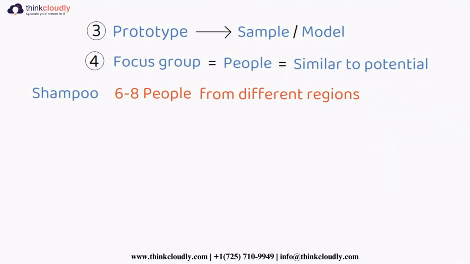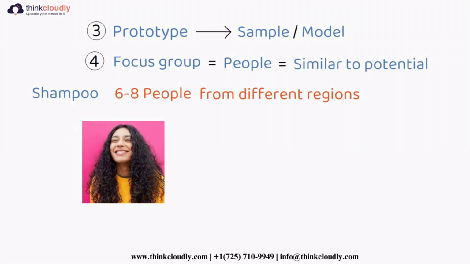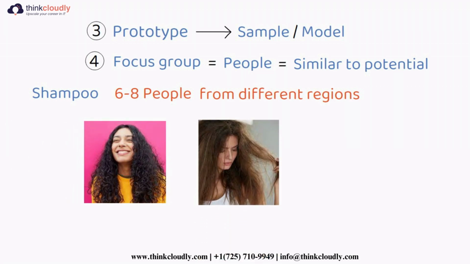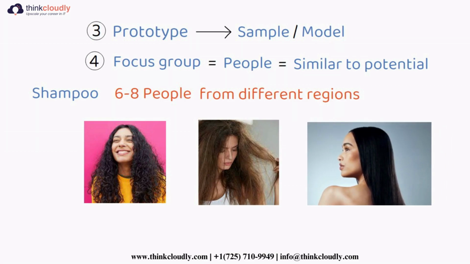Let's say some have curly hair, some have dry hair, and some have straight hair. Then you prepare your set of questions about the product, and you can know their perspective about shampoo, how they want their shampoo to be. From there you can collect the requirements. This is a very interesting technique.